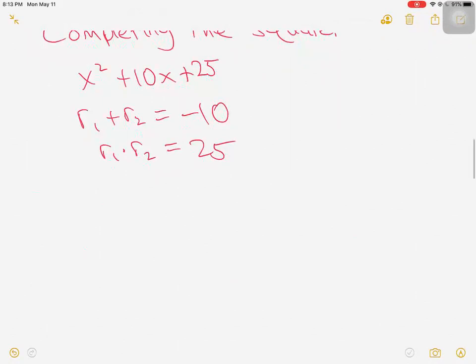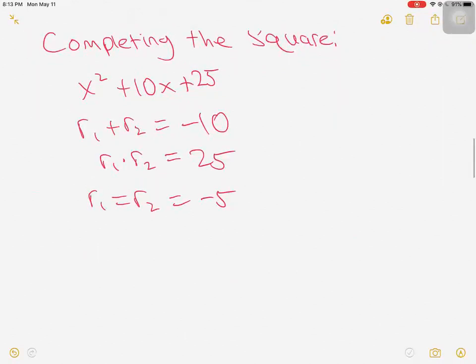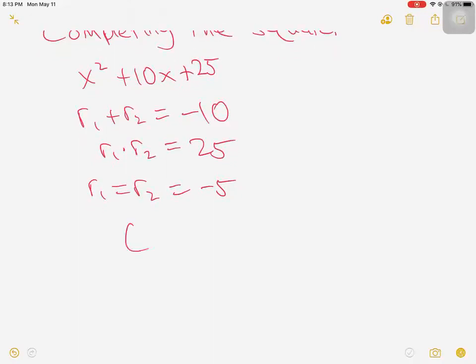Clearly r1 and r2 are both equal to 5. And since both of the roots are the same, we call this a perfect square, because we can write it as x plus 5 times x plus 5, or just x plus 5 squared.